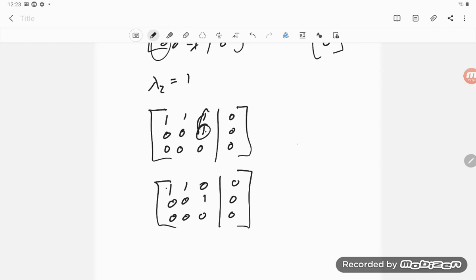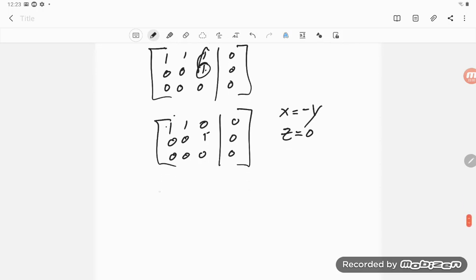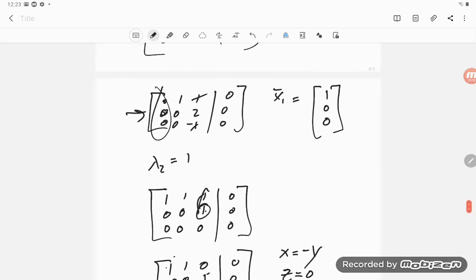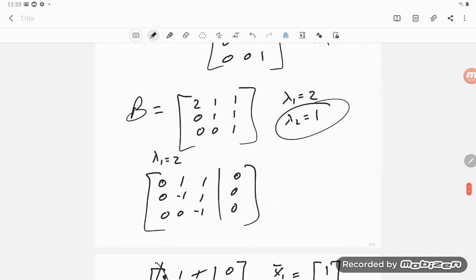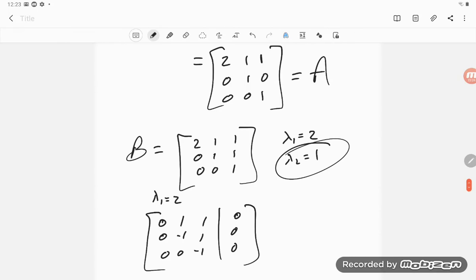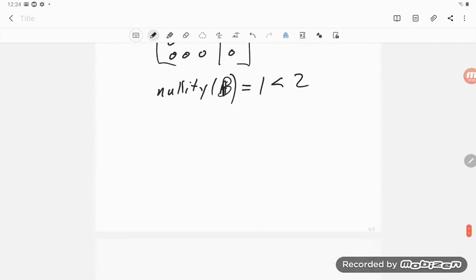And so what that says is now x equals minus y, but z is stuck at 0. And so we see the rank is 2, so the nullity is 1. And so the nullity of B is equal to just 1, which is less than 2, right? And 2 was our multiplicity of that eigenvalue, just like it had been before.